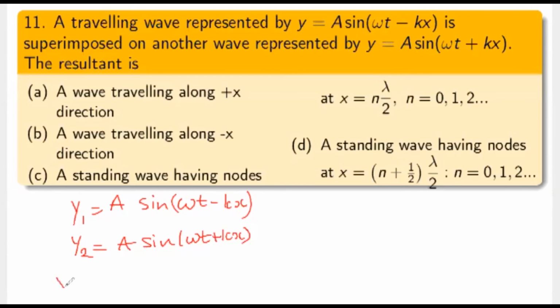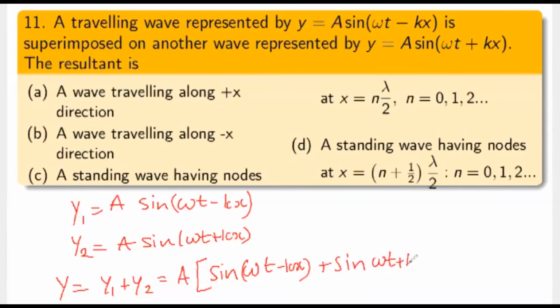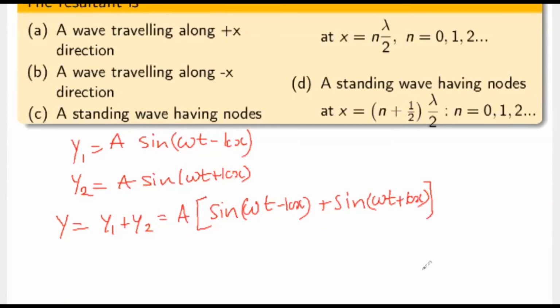The resultant wave is given by y equals y1 plus y2, that is a times sine (omega t minus kx) plus sine (omega t plus kx). So the sine A plus sine B formula can be used to get 2 times sine of (A plus B) by 2 and cos of (A minus B) by 2.